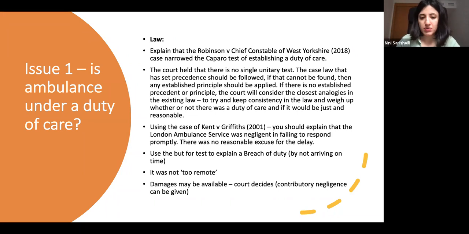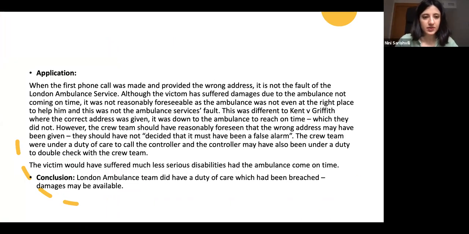Thus, it was not too remote, and damages were available. However, here the situation is a bit different. Here, the first phone call was received, and the wrong address was given, which was not the ambulance service's fault. So there could be a break in the chain of causation. That's what it is called, the legal term. This was different to Kent v Griffith, where the correct address was given.